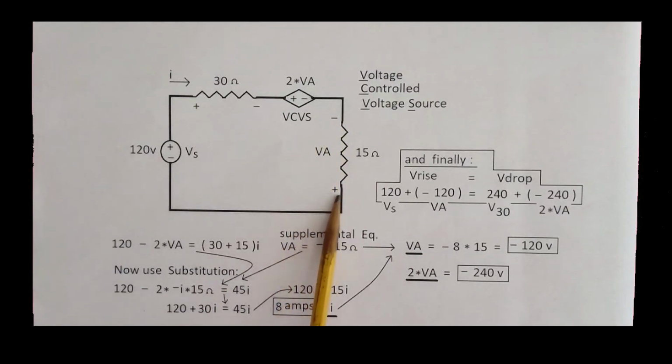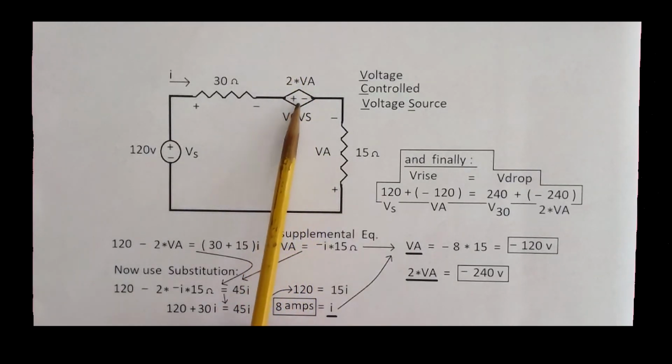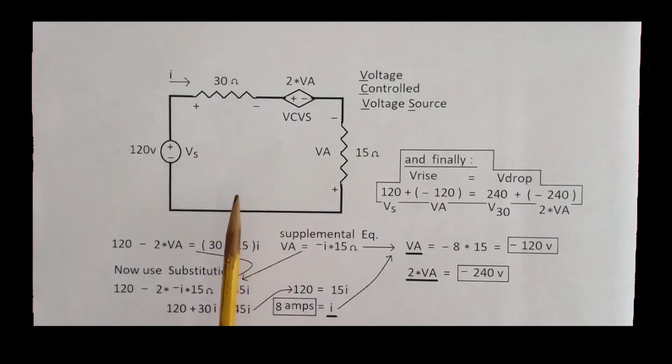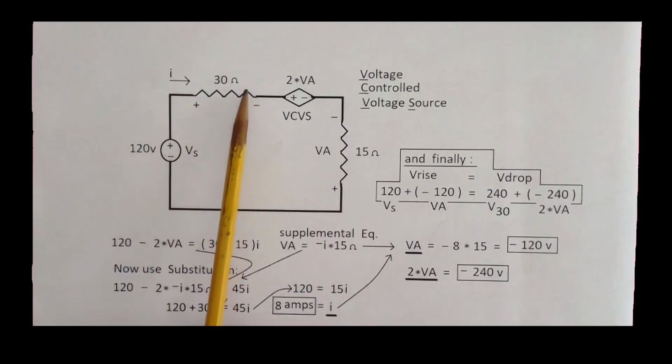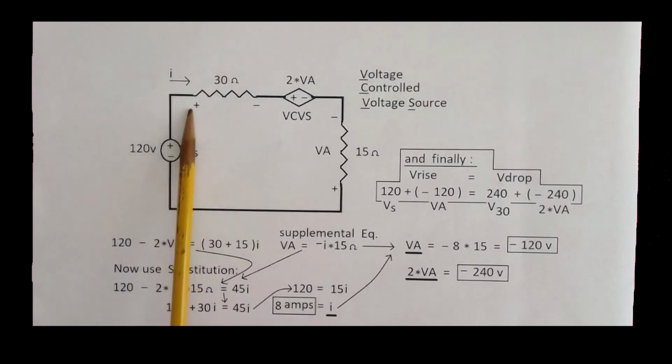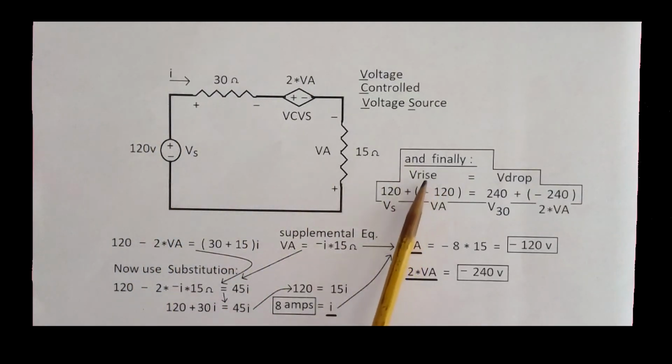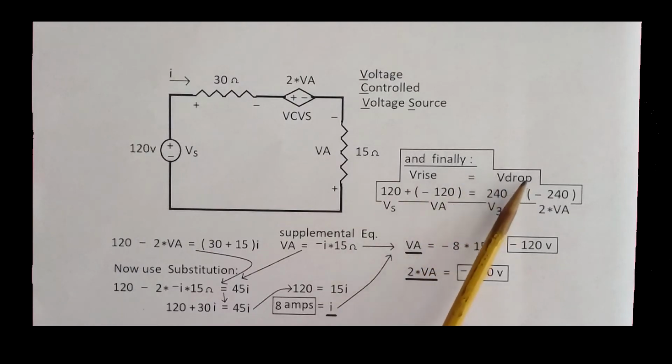It has to be fully defined because it tells us how to connect voltage VA, 2 times VA, how this is going to respond. So we need to fully define the vector quantity of the VA voltage. I also added a polarity across a 30 ohm resistor. I only did that because I'm going to sum the V rise equal V drops on this path to help verify.